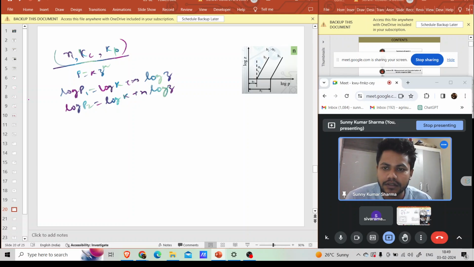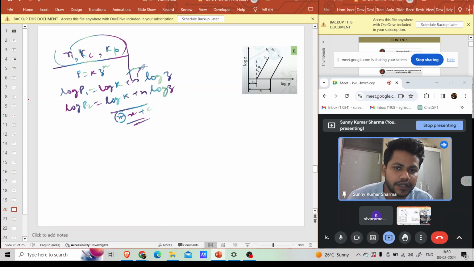So you can make an analogy of this with the y = mx + c equation. This n is the slope of the line. So n you can calculate from the slope of the curve; if alpha is your angle, then directly n will be tan alpha.